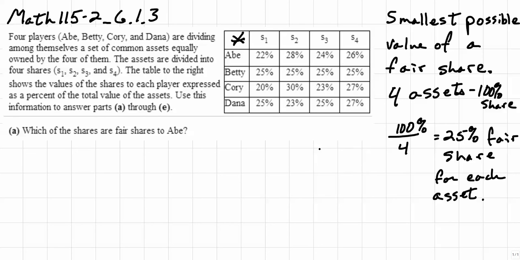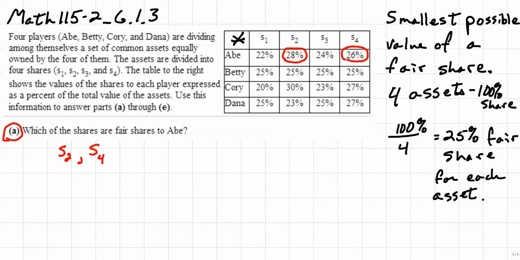Since 25% represents the smallest possible value of a fair share, when we look at part A, which asks which of the shares are fair shares to Abe, they must be greater than or equal to 25%. So for Abe, we're looking at S sub 2, comma, S sub 4. And that's what you're going to enter into the program.